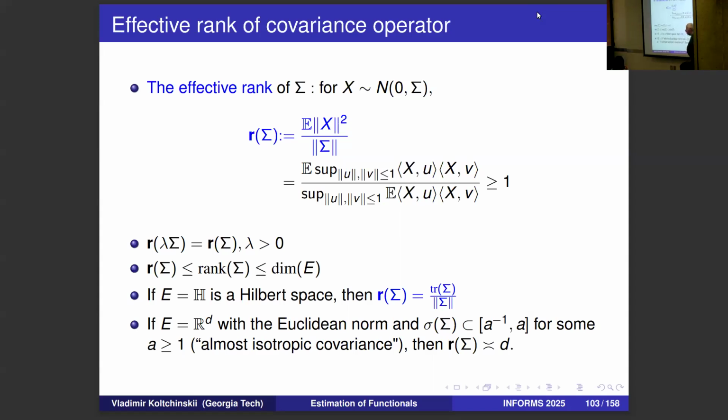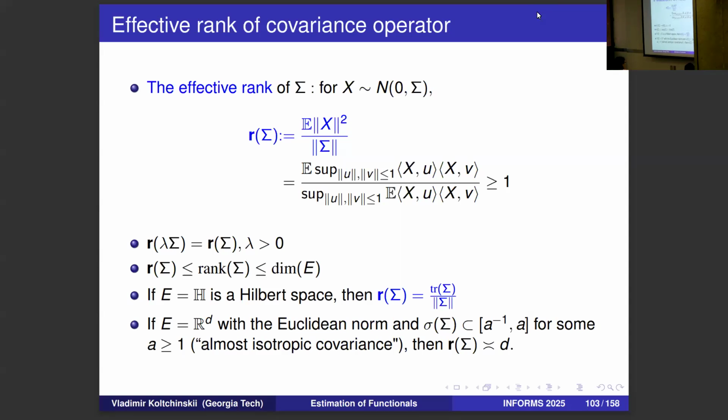This is the case where I discussed the solution of the functional estimation problem exactly under these conditions, that the spectrum is bounded away from zero and bounded from above. And I told you that I was not able to do anything better than this because I was using this random homotopy method.